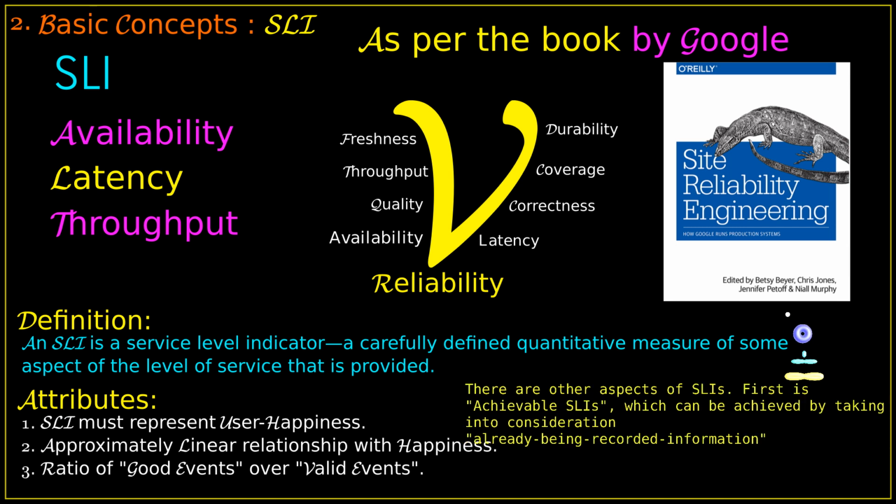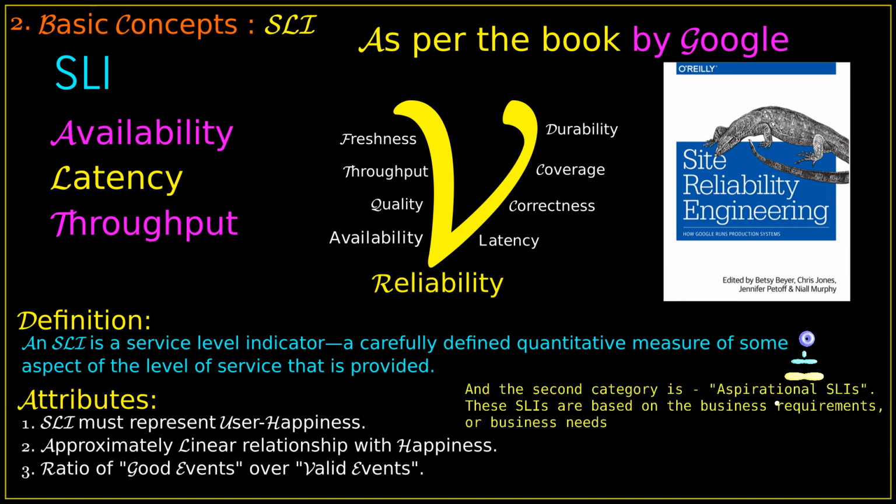There are other aspects of SLIs. First is achievable SLI, which can be achieved by taking into consideration already being recorded information. And the second category is aspirational SLIs.